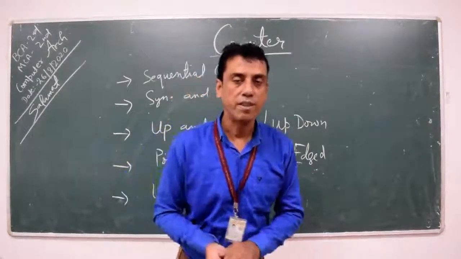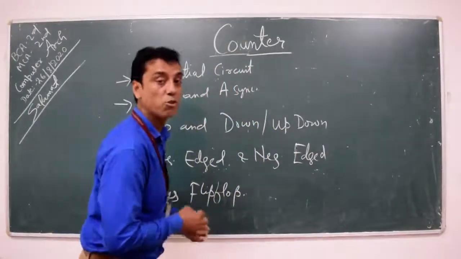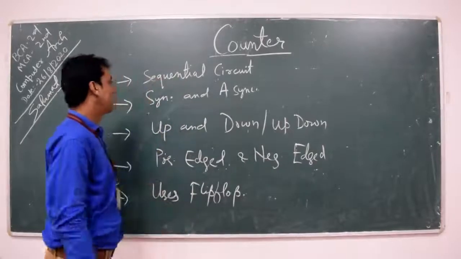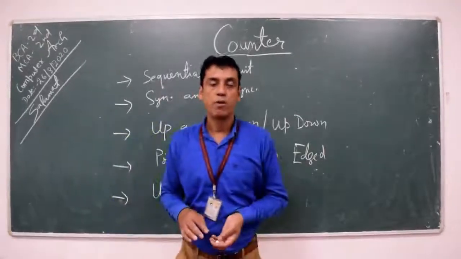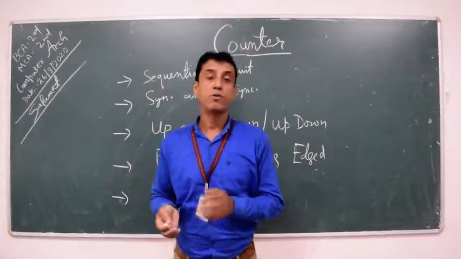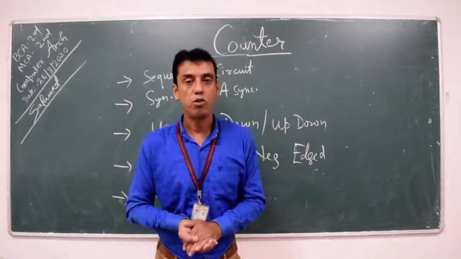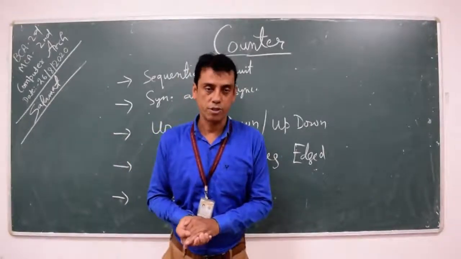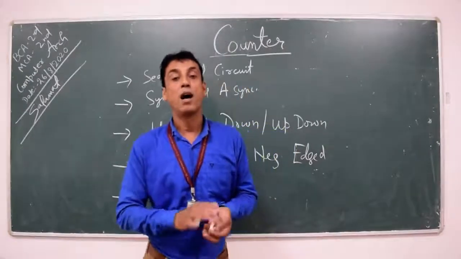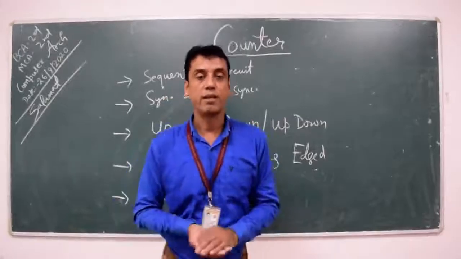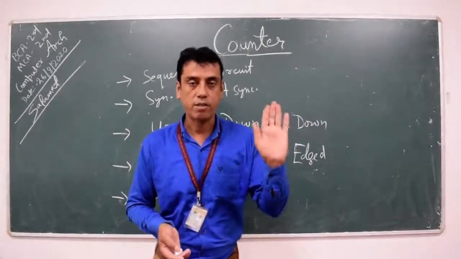So, starting with this topic, counter, what are the important points associated with this circuit? The first point is sequential circuit. We all know that all circuits are broadly classified in two types: combinational circuit and sequential circuit. We all know that combinational circuits are easy to understand, but sequential circuits are complex.